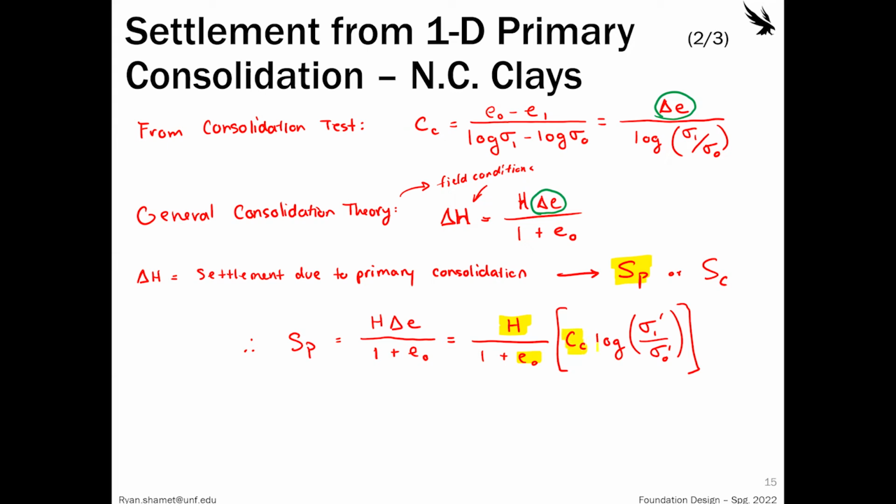We found this from our consolidation. We know our effective in situ stress from calculating if we know the densities of the soil and where the groundwater table is. And we can also find the next step of stress.